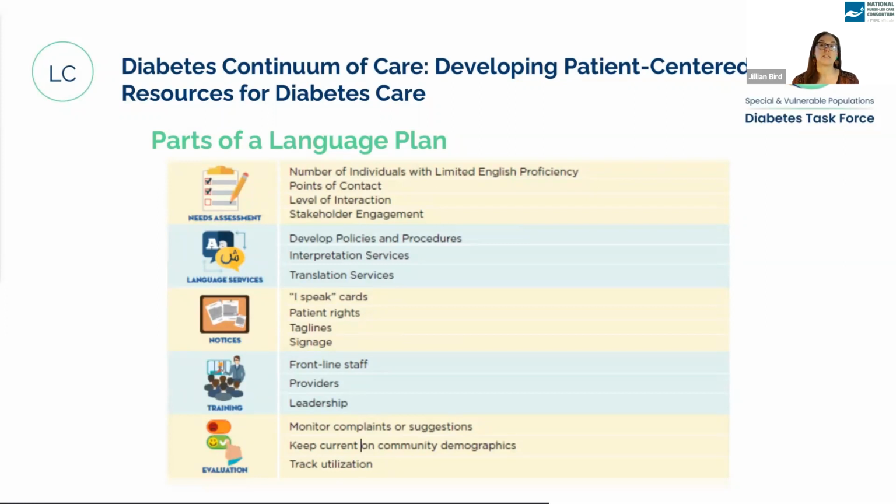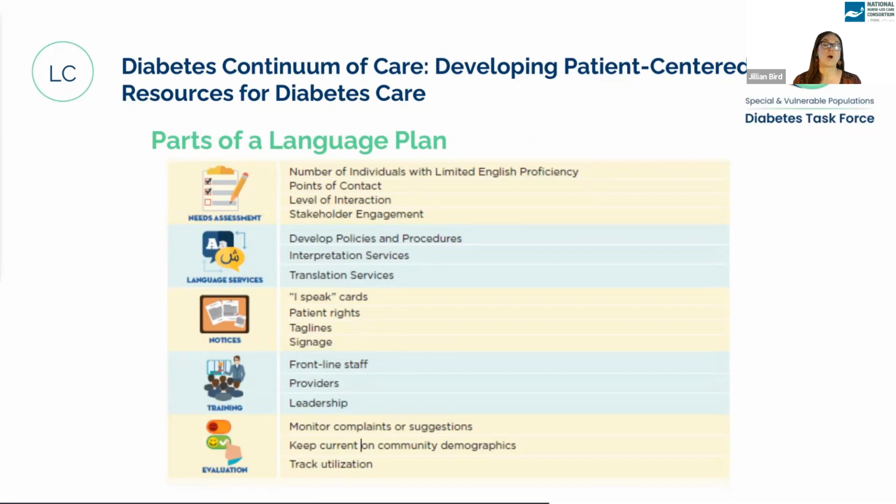And translation might be all of your written communication, or some of it, like which are the more vital pieces that must be translated appropriately for folks to attain the services at your organization. So that would be another portion of that language plan.